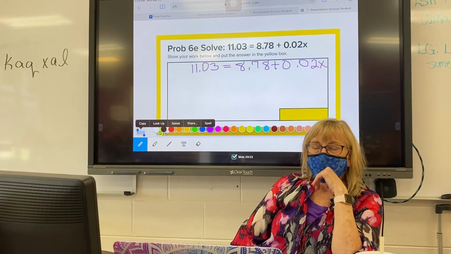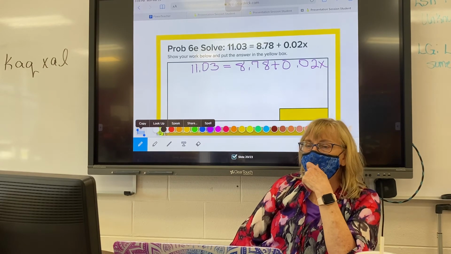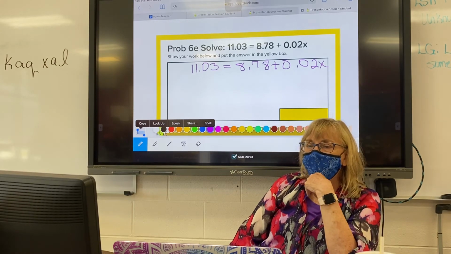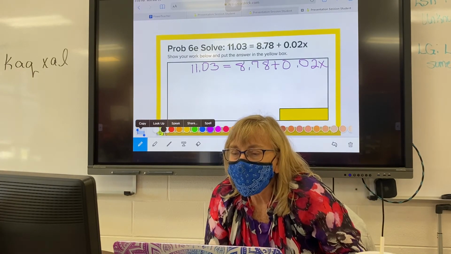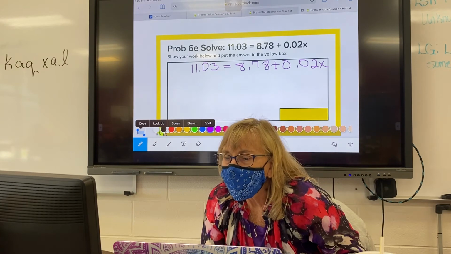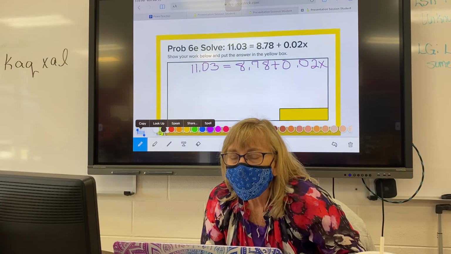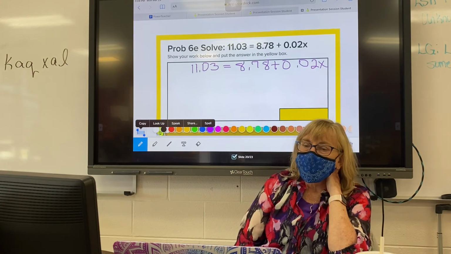Think of it like a hanger diagram. Good, Christina. Okay, Jasmine, what's hanging? So Jasmine, what's hanging there with the 0.02x?